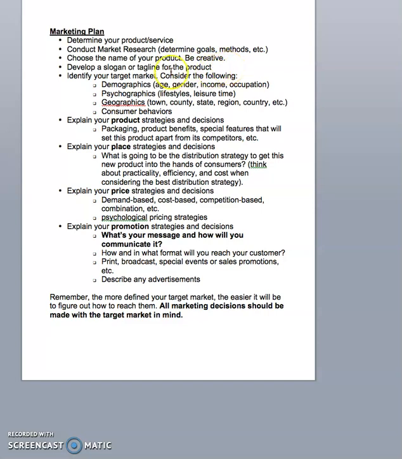So identifying your target market, considering these 4 general categories: demographics, psychographics, geographics, and consumer behaviors.